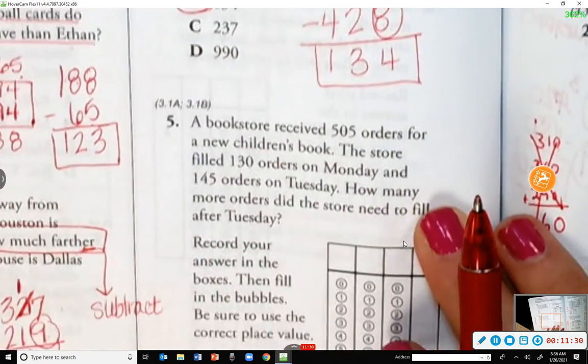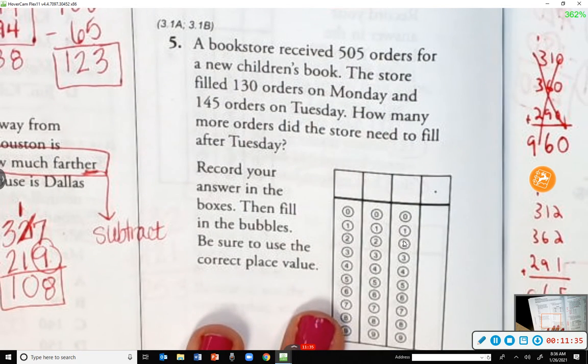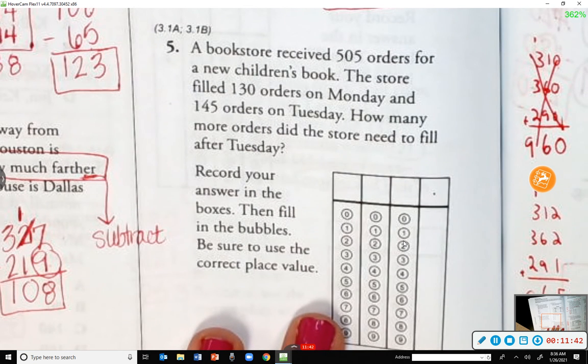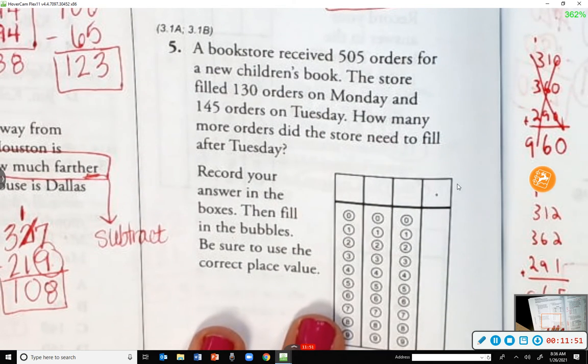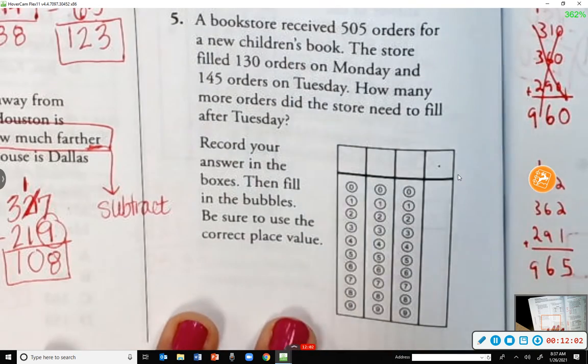Okay, last one, number 5. A bookstore received 505 orders for a new children's book. The store filled 130 orders on Monday and 145 orders on Tuesday. How many more orders did the store need to fill after Tuesday? Okay, who wants to tell me what they did on this one? Kelsey, what'd you do? You added, wait, which numbers?